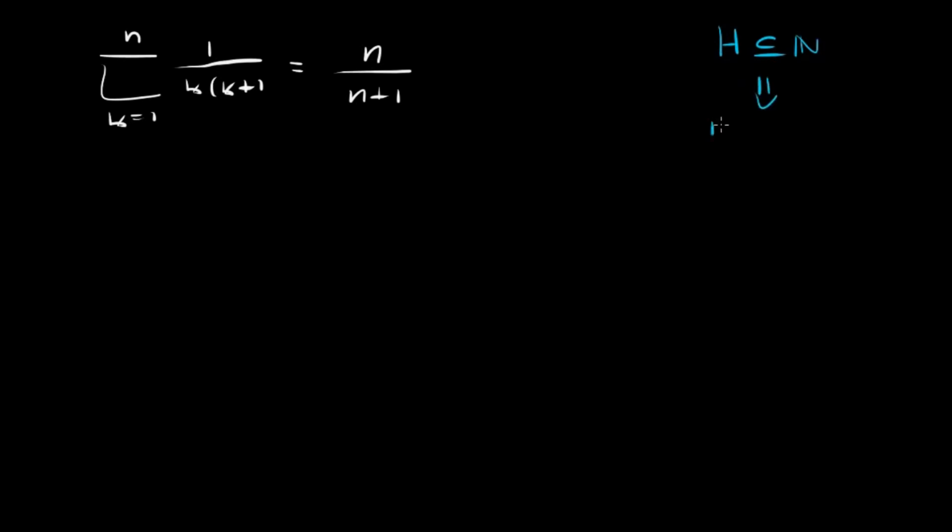So what we want to do is prove that h was an inductive set, and then this would give us that the natural numbers are included in h, and we have then the double inclusion, so we could conclude that the natural numbers were equal to h.